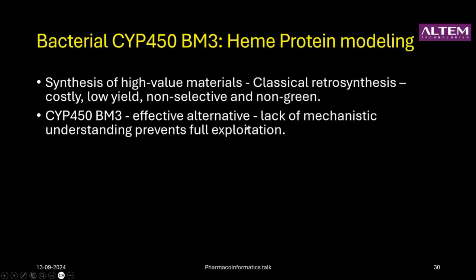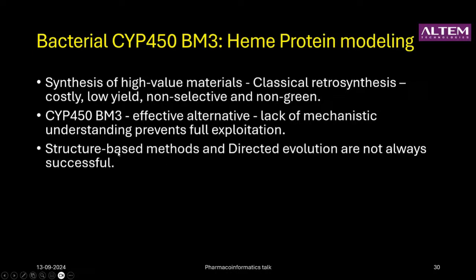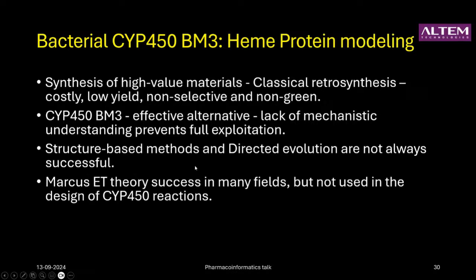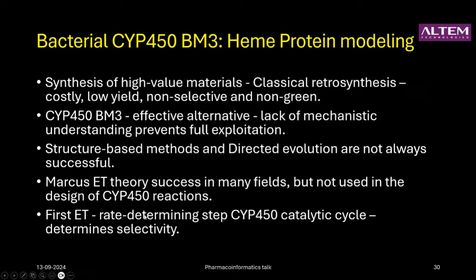So there is always interest in the study of alternative methods, but there is a lack of mechanistic understanding that prevents full exploitation of the bacterial P450s. The structure based methods and directed evolution are useful, but they have their own limits, and Marcus theory was never applied earlier to this problem. Therefore we decided to apply Marcus theory for the estimation of electron transport rate.